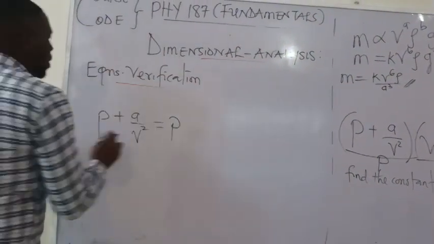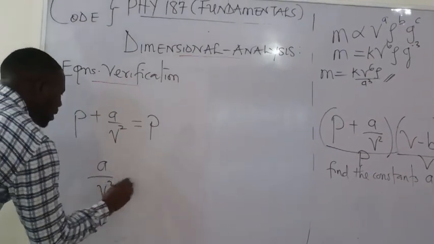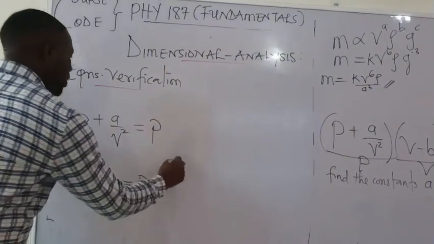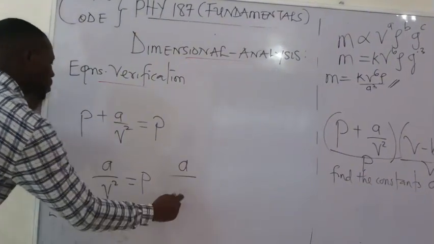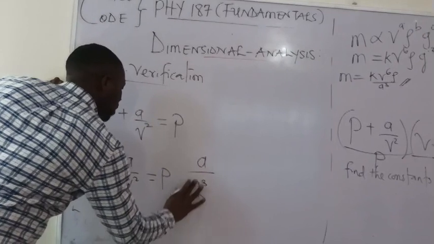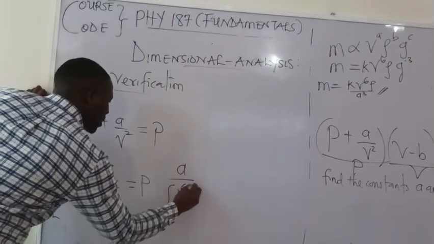So I do know that a over V squared is the same as pressure, definitely. V, we know, is volume. So volume is L raised to power 3. But of course, everything is carrying power 2, so this becomes L raised to power 6.